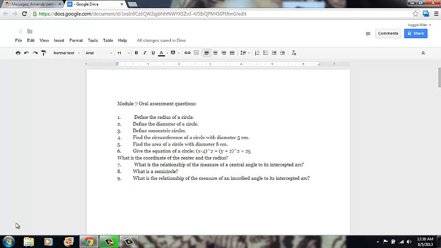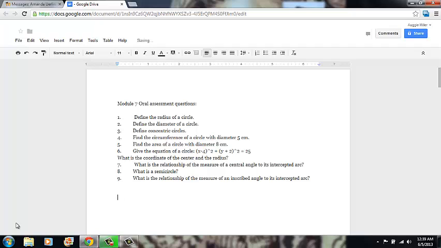Since the equation for a circle is (x minus x1) squared plus (y minus y1) squared equals radius squared, that would make the center of this circle 4, negative 2.